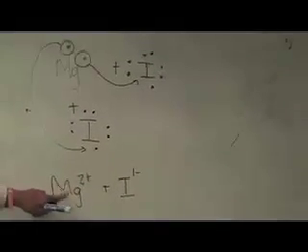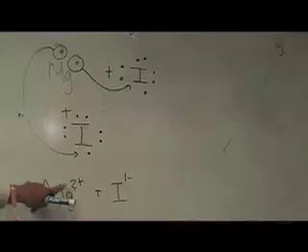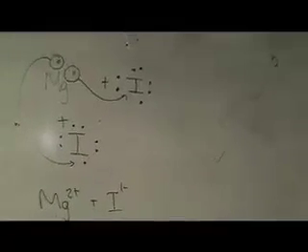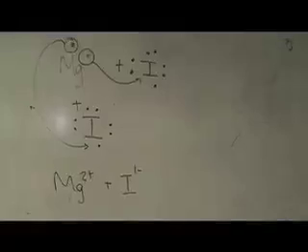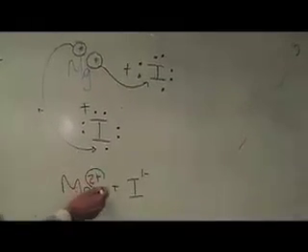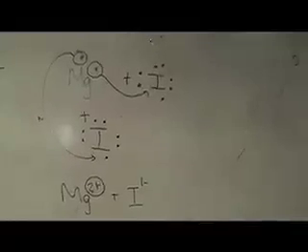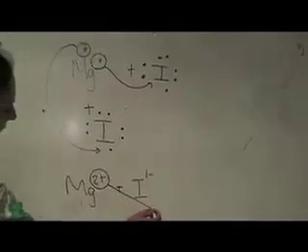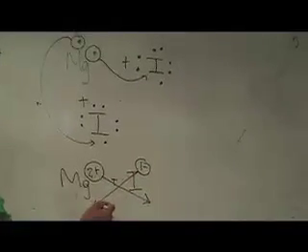You see how you write your elements and you write their oxidation numbers next to them. The trick is you take the oxidation number and it's almost like cross multiplication. It actually goes here. And this one goes here. So Mg is going to get a 1.